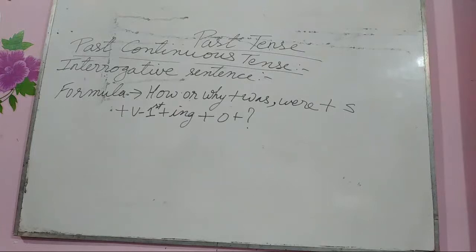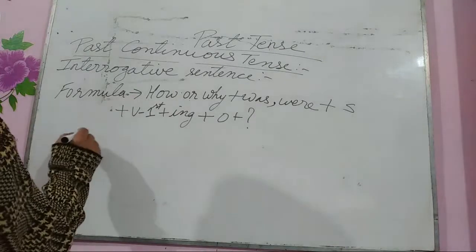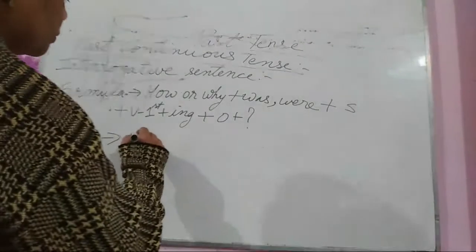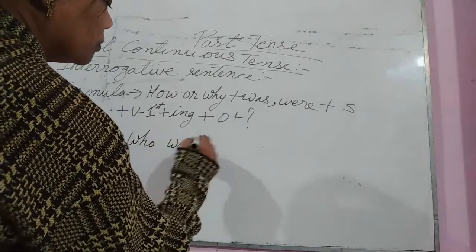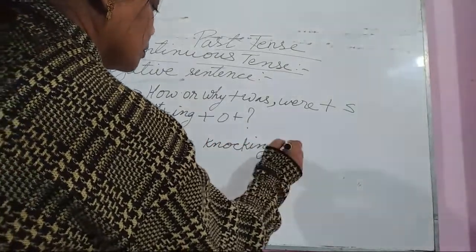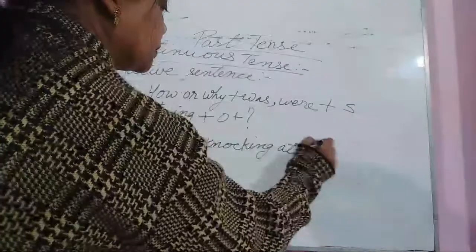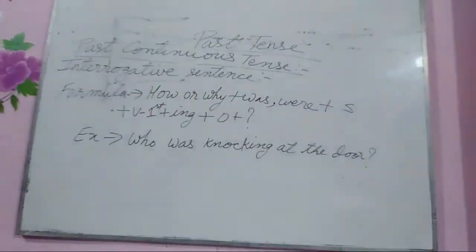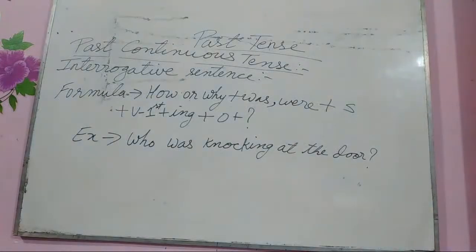Now let's see the example related to it. Example of interrogative sentence in past continuous tense is, the sentence is, who was knocking at the door.